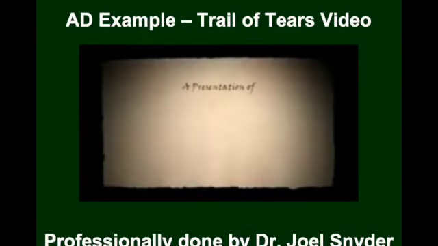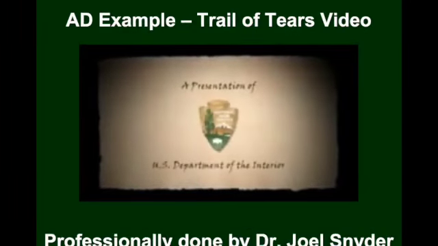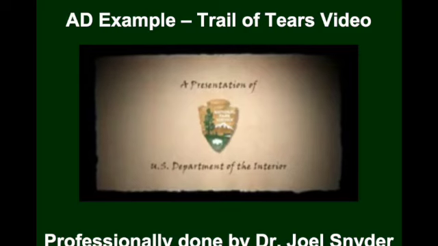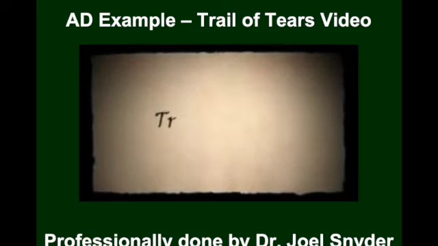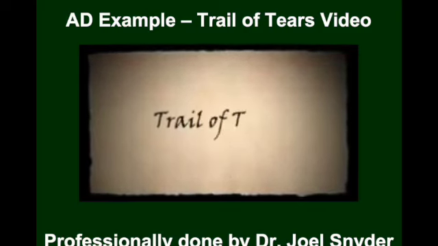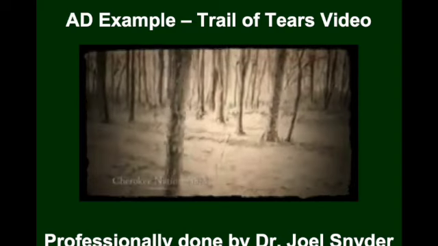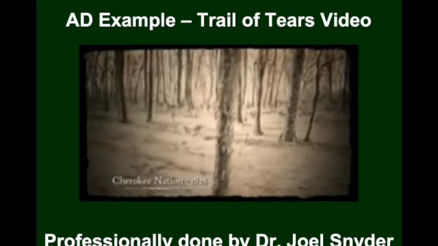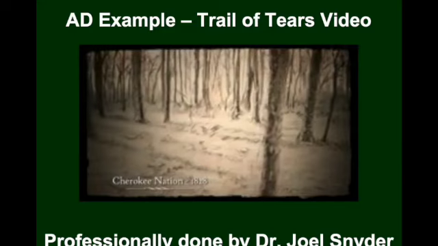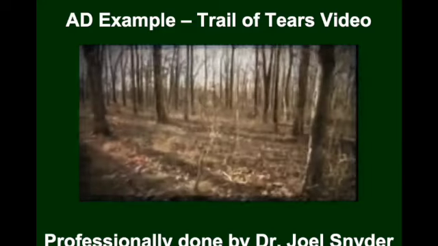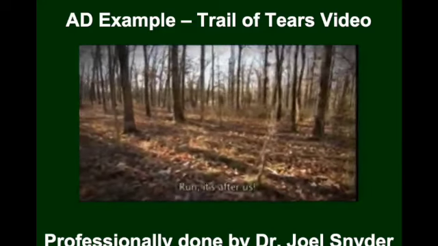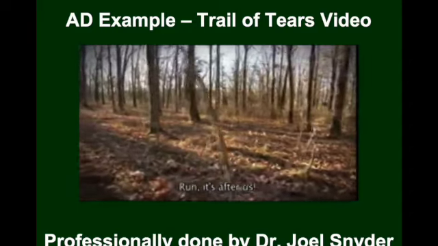A presentation of the National Park Service, U.S. Department of the Interior. In script, words appear as if being written. Trail of Tears, a drawing of a wooded area, Cherokee Nation, 1828. Then, an actual wooded scene. 2 children, a boy and a younger girl, run amid the brown leaves on the ground and the bare trees. Run, it's after us.